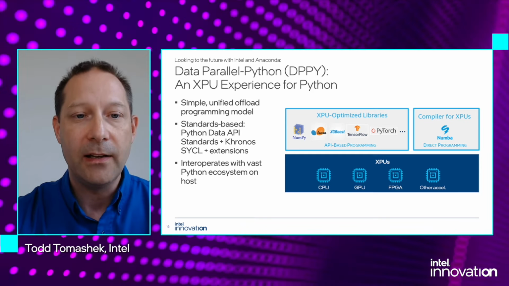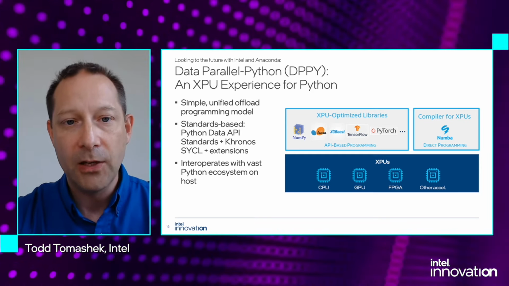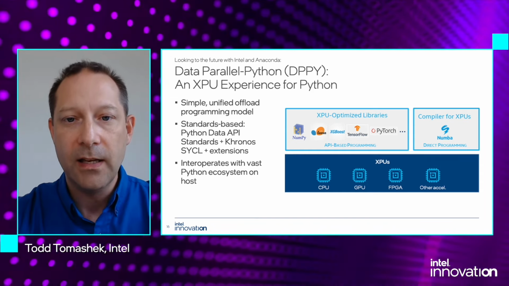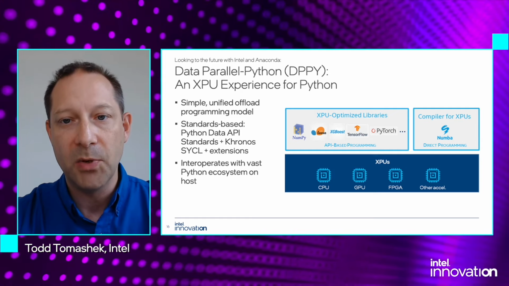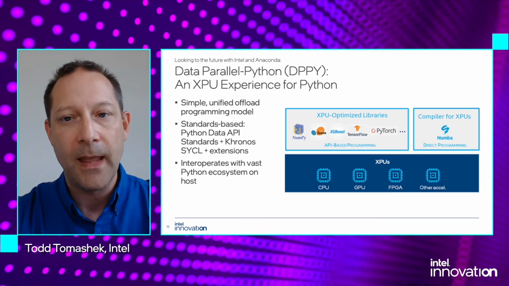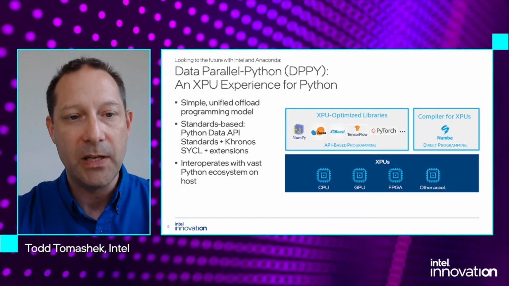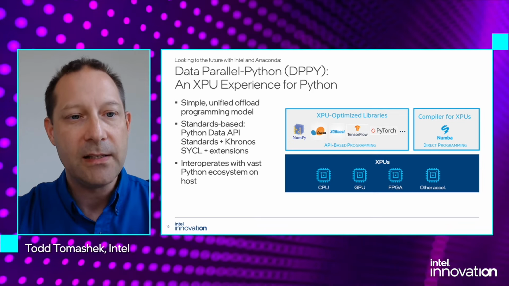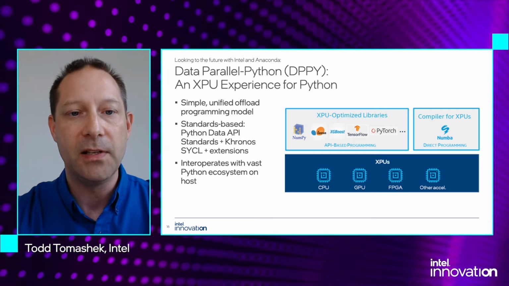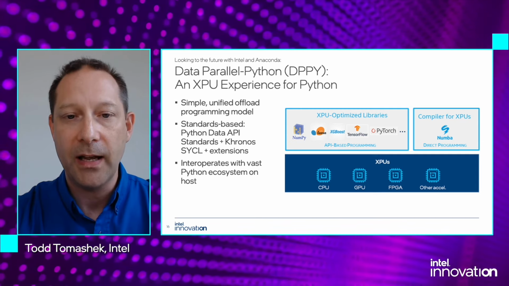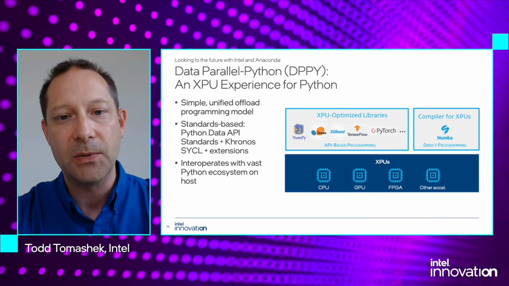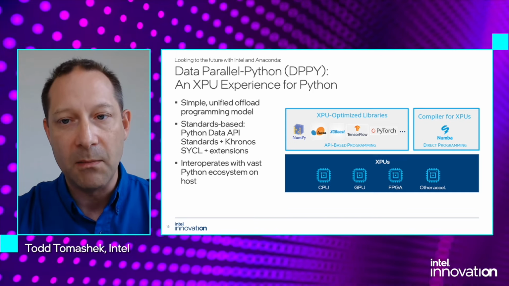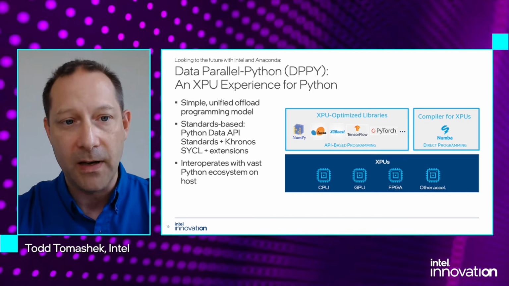DPPY is a single unified offloaded programming model using Python data API standards, Khronos, SYCL, and other extensions and technologies to bring the Python ecosystem to run on different types of hardware, or XPUs, all open standards and all open source. This means that users will be able to run their Python code using popular libraries such as NumPy, SciPy, XGBoost, TensorFlow, PyTorch, on multiple XPUs, taking advantage of the extended compute and memory on both the host and the device.